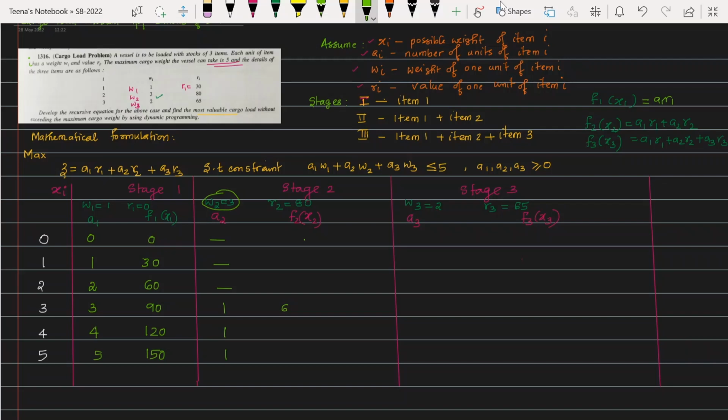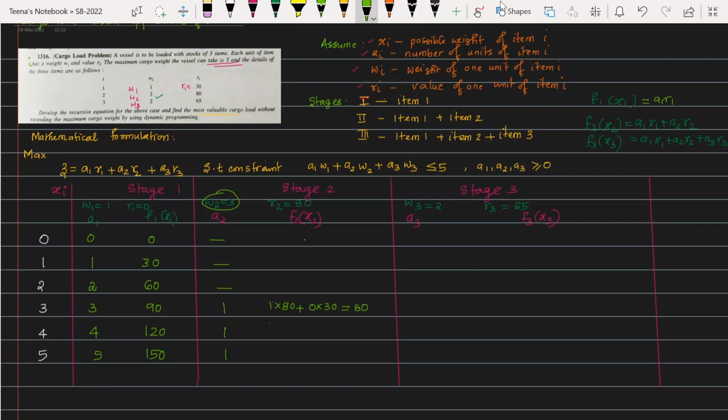That will give you 80 into A1 R1. So I shall write it as 1 into 80 plus no unit of any other item should be considered. So 0 into 30, and that is equal to 80. Okay. Now when you consider Xi equal to 4, we will have 1 unit of item 2.